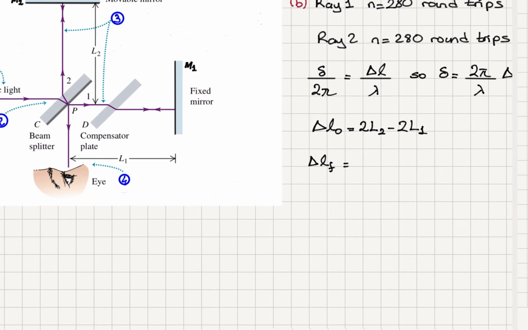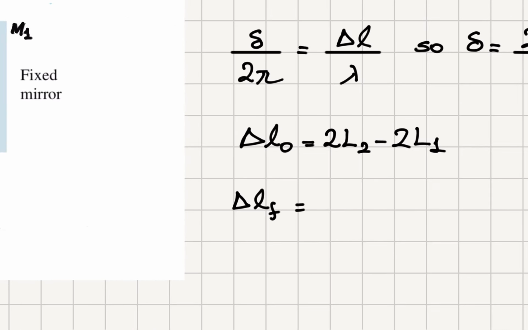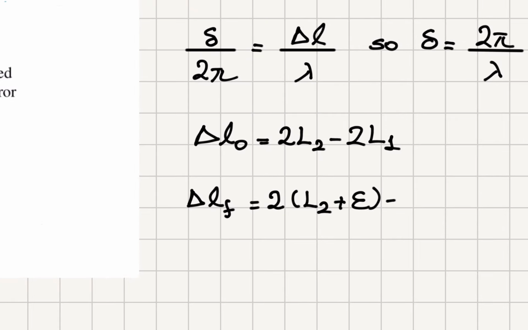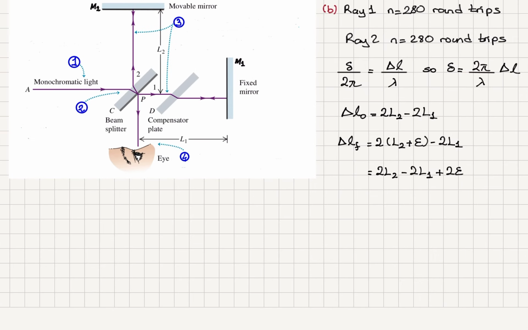So the path difference is going to be twice L2 plus epsilon minus 2L1. That's the distance traveled by ray 1. So this is going to be equal to 2L2 minus 2L1 plus 2 epsilon for one round trip.